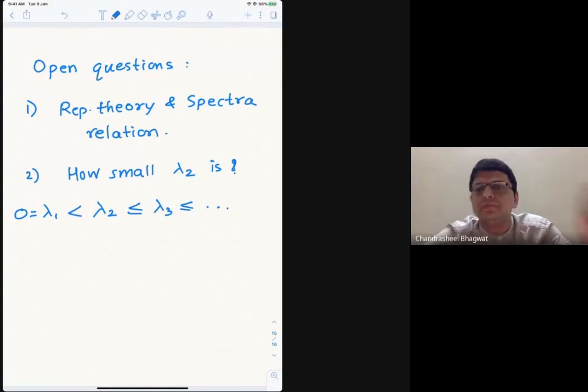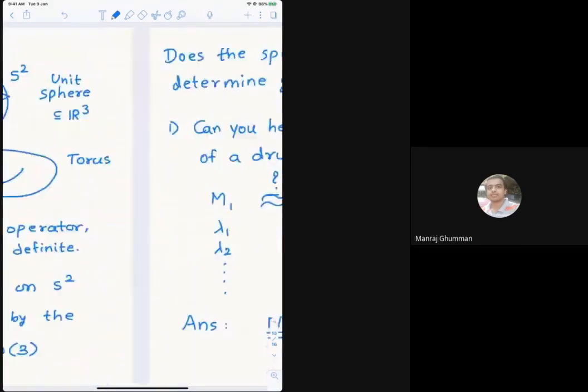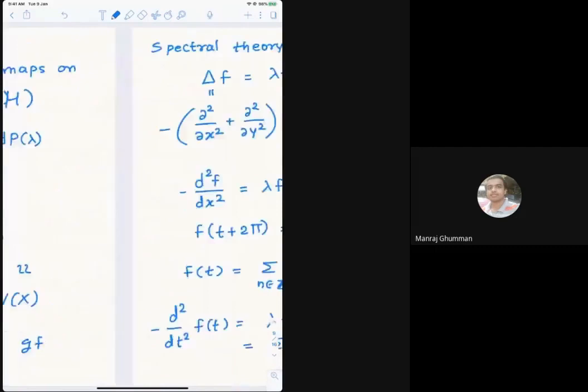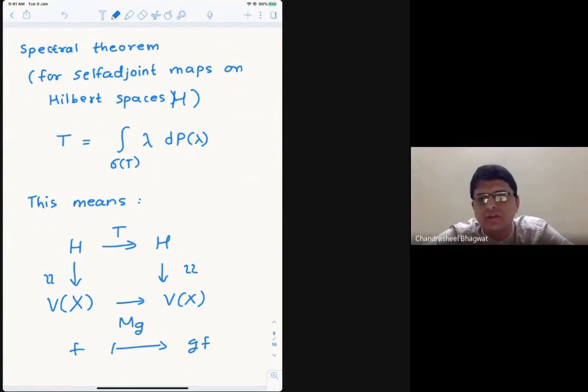Go ahead. Yeah. So that point where you described the general spectrum theorem sometime before, you wrote the operator T as that integral. So if you take an element X in the domain, then what is Tx here? Exactly. So it's not a real valued function.